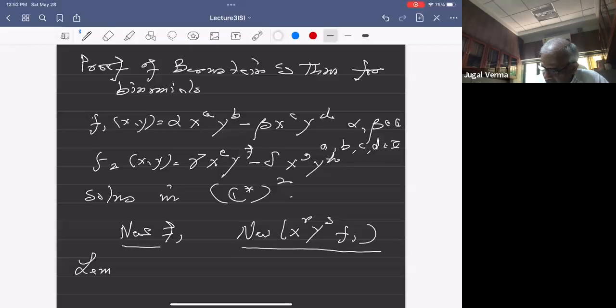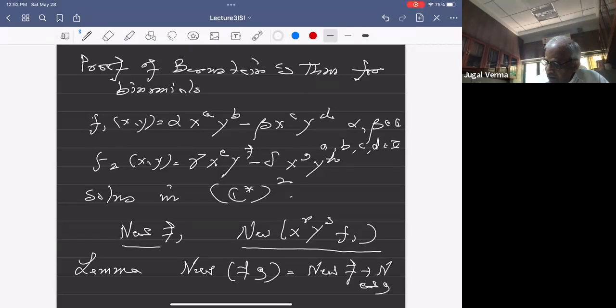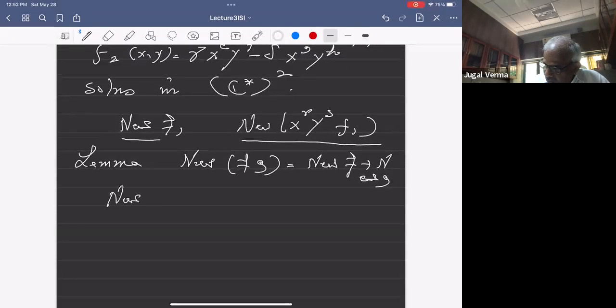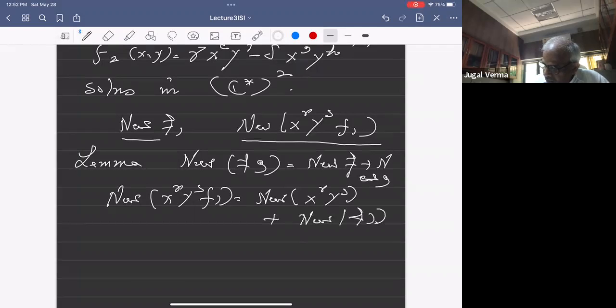So exercise: the Newton polygon of FG is the Minkowski sum of the individual Newton polygons. So the Newton polygon of X^R Y^S F1 is the Minkowski sum of the Newton polygon of the single monomial, which is just a point, and the Newton polygon of F1. Suppose (R, S) is this vector and the Newton polygon of F is P, then this is just (R, S) plus P. So it's a translate.